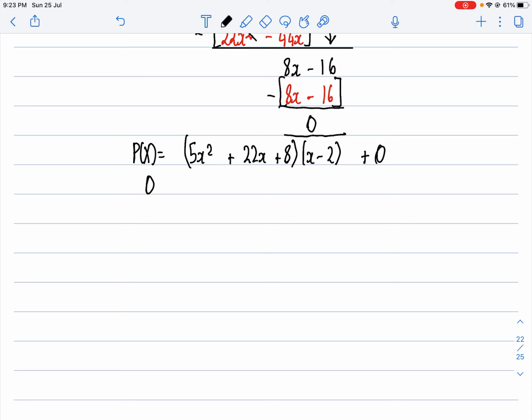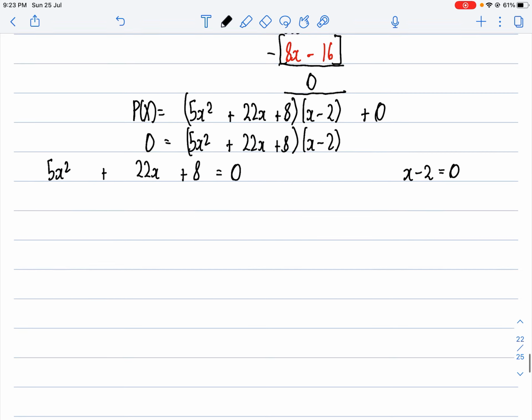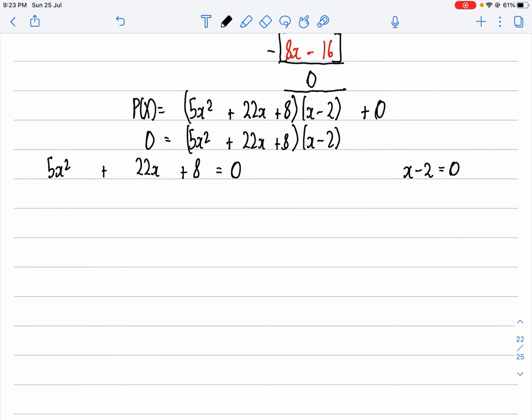So I get 0 equal to 5x square plus 22x plus 8, into x minus 2. It's okay if you don't write plus 0. Now I can write this as 5x square plus 22x plus 8 equals 0, and I can write this as x minus 2 equals 0. So I leave the x minus 2 as it is because I know it's a factor already.